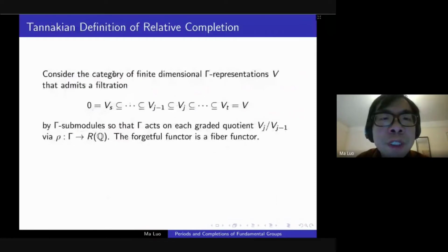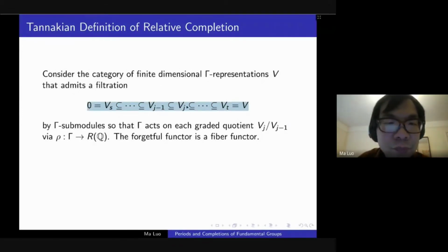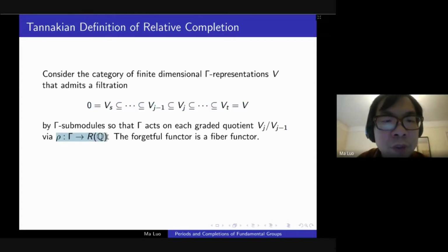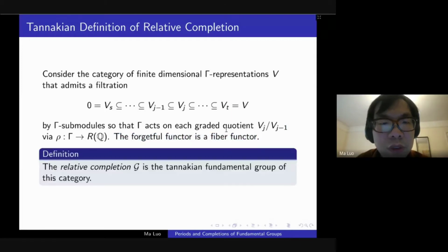Consider the category of finite dimensional gamma representations V, which admit a finite filtration whose graded quotients can be acted on by R, through the homomorphism that you started with. Then this category is a Tannakian category. It also has a fiber functor, which is the forgetful functor. Then the relative completion is just the Tannakian fundamental group of this category.